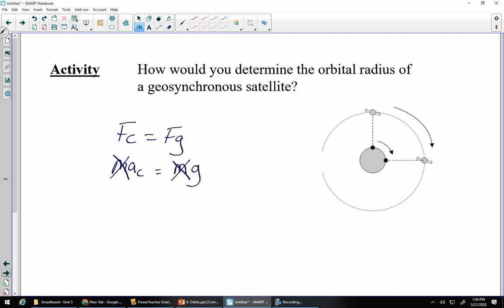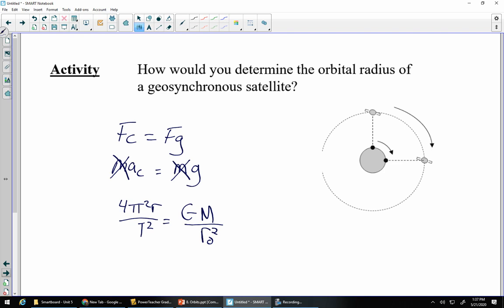Now it's our a_C that's a little bit different here. So 4π²r over T² is what I want to use for a_C. And then the gravitational field is, again, not 9.81 because it's not on the surface of the Earth, but we can figure it out, assuming we know the mass of the Earth and the period.